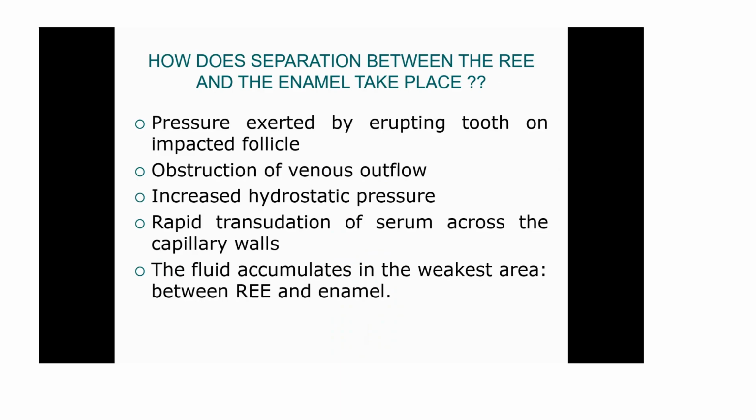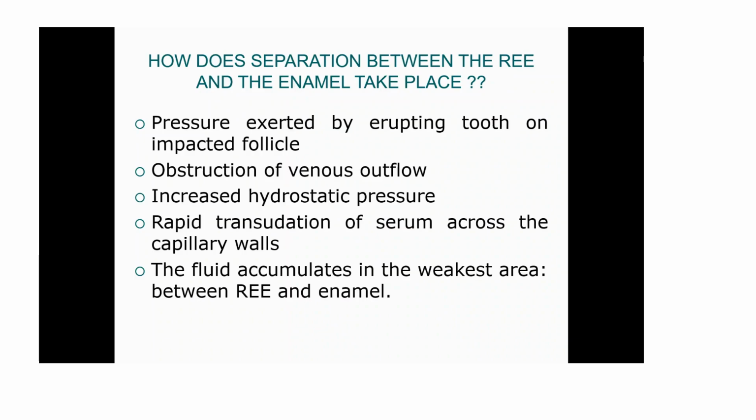Obstruction of the venous outflow takes place, because of which there is increased hydrostatic pressure, and rapid transudation of the serum across the capillary walls. The fluid accumulates in the weakest area between the reduced enamel epithelium and enamel. So basically, the fluid accumulates because of this pressure between the reduced enamel epithelium and the enamel.